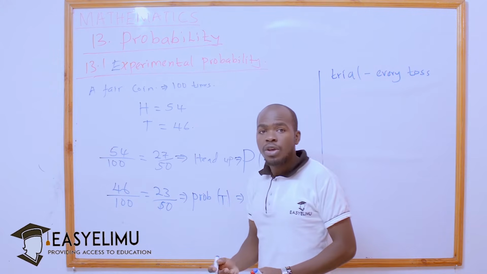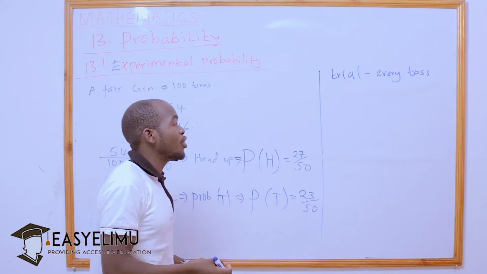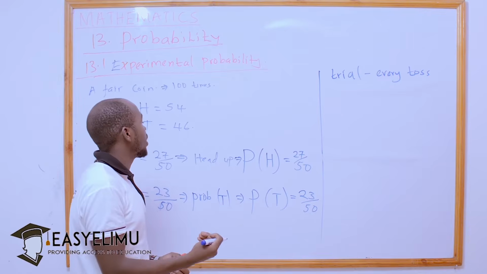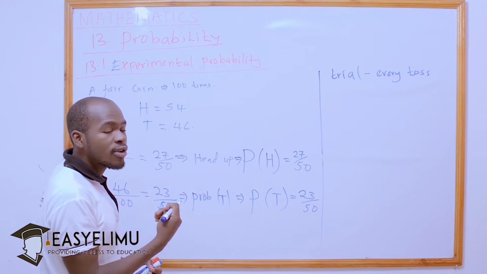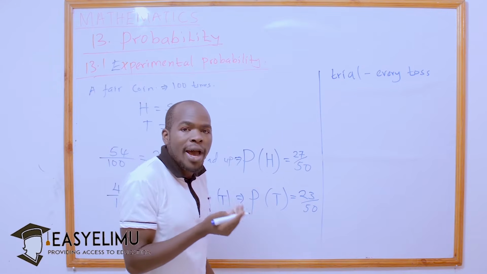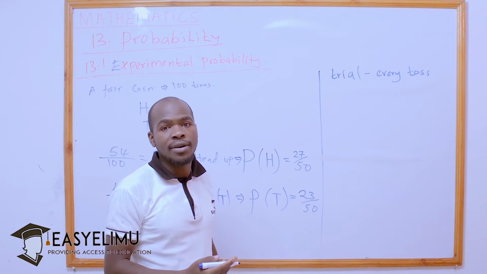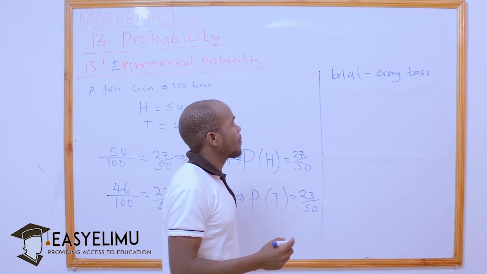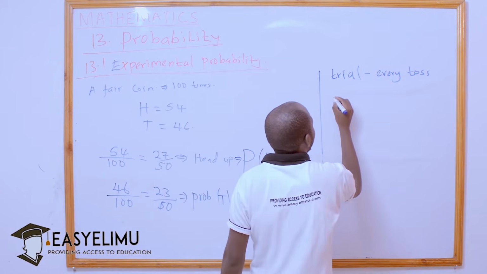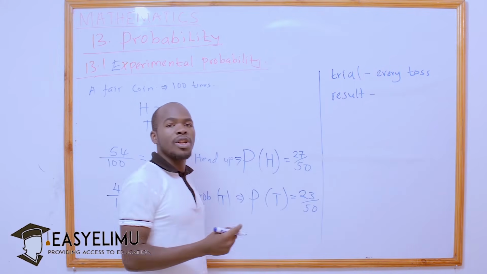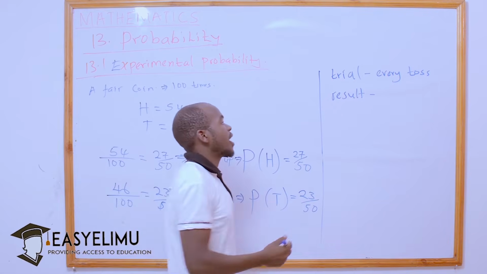Toss, as I will show you, means throwing the coin up in order to obtain the chances of it becoming a head or a tail. And then whatever you are expecting to occur, the result of that toss, is what we refer to as the outcome.